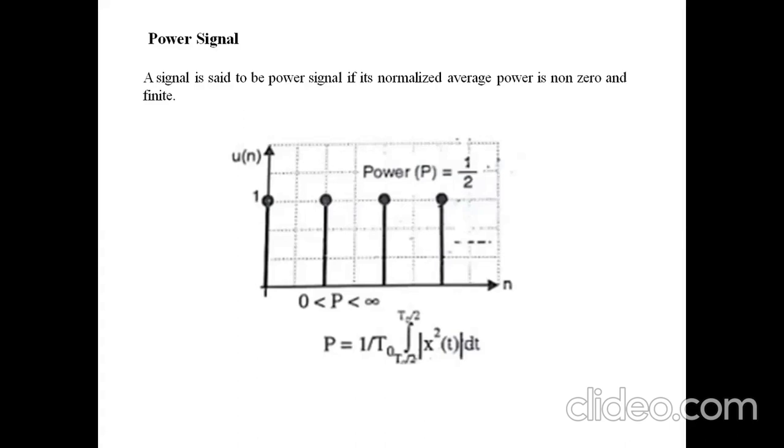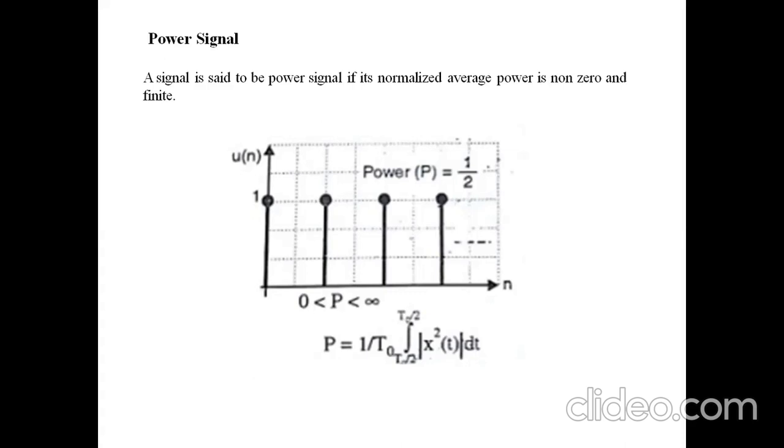Here every interval is marked with amplitude 1, meaning the value of n varies from 0 to infinity. So each interval has u of n equal to 1. Here the power P is equal to half.